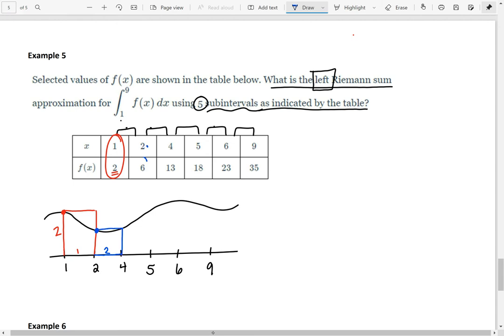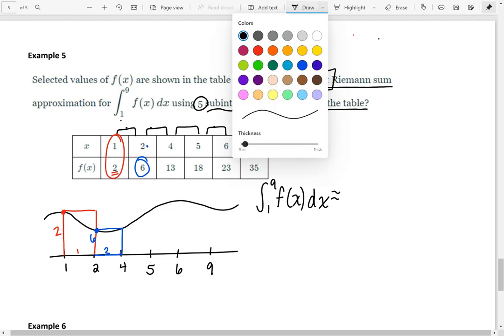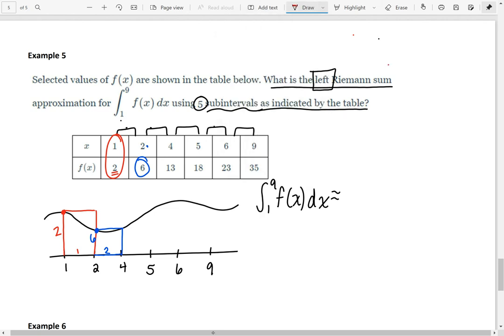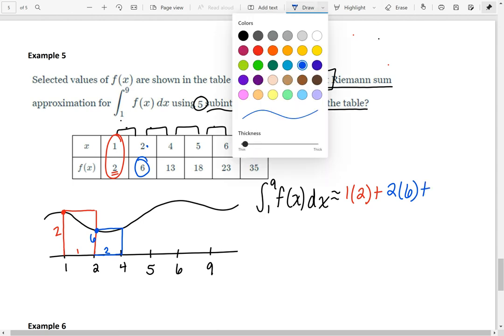And so that is 6. So right now when I'm estimating the integral from 1 to 9 of f of x dx, I have the area of the first rectangle 1 times 2 plus the area of the second rectangle 2 times 6 plus, now let's go into the third rectangle.